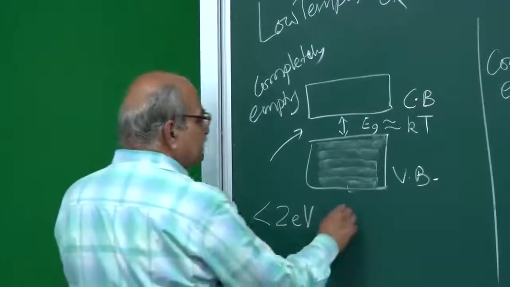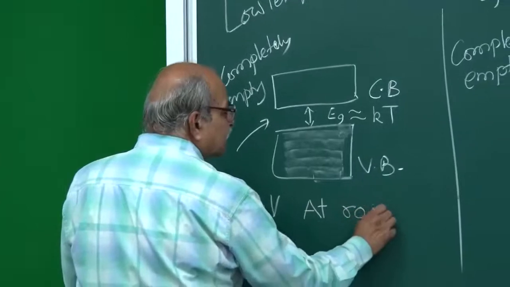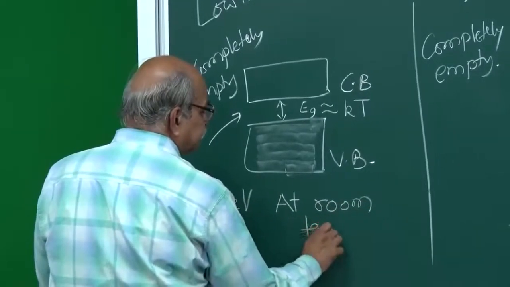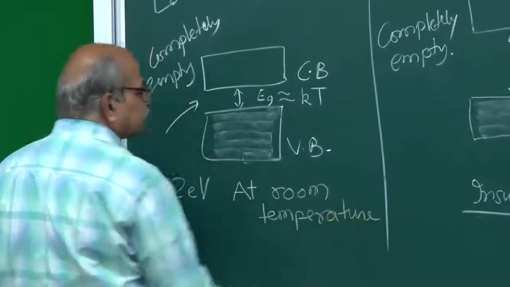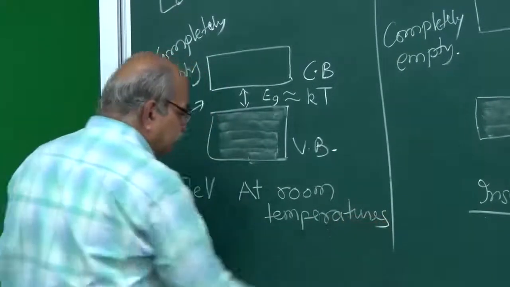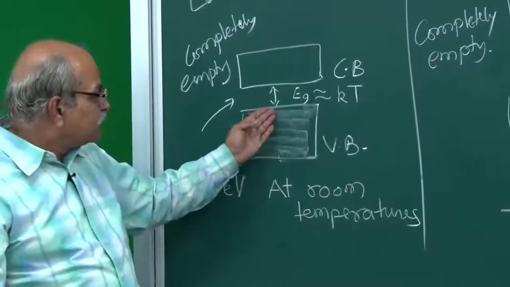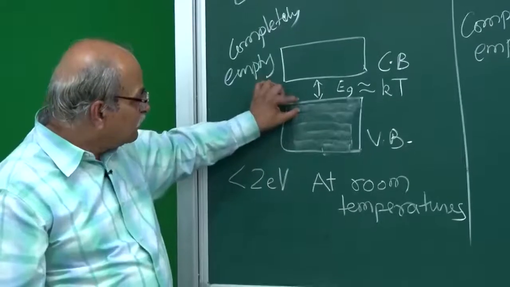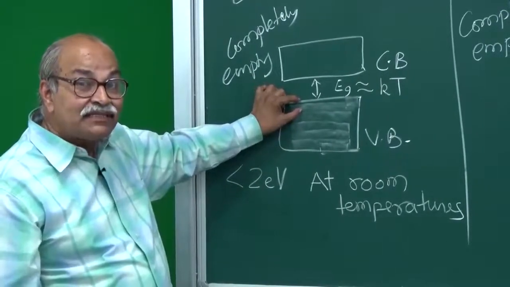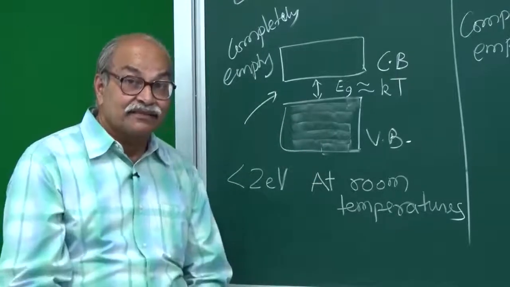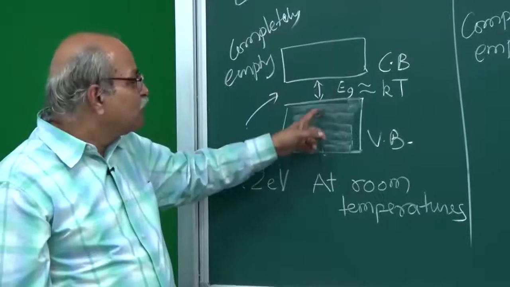At room temperature or at elevated temperatures or normal working temperatures, some of the valence band electrons near the top can accept energy through these thermal interactions and move up to the conduction band.